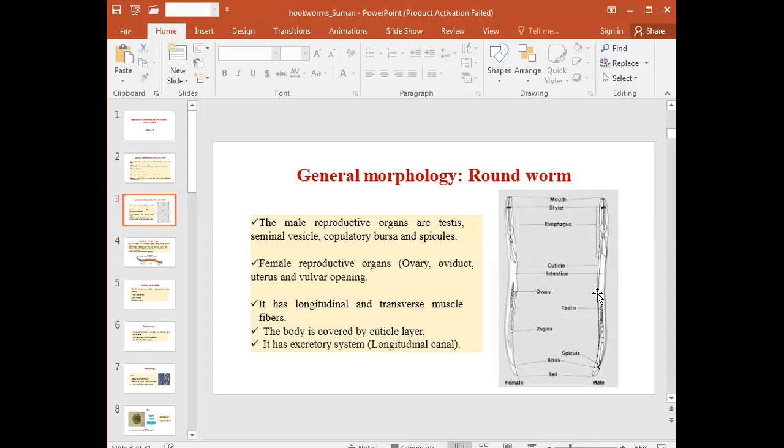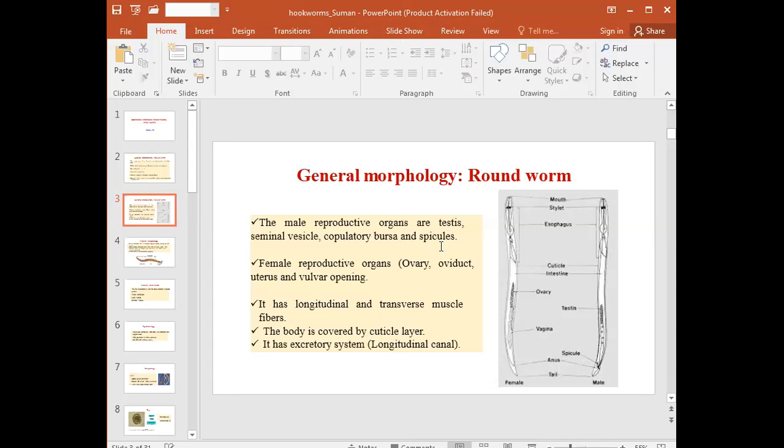And the spicules are also a part of the reproductive organs of the male adult roundworm. They are minute sub-pointed objects here. You can see minute sub-pointed objects, or structures that are typically present in large numbers in the male part of the adult roundworms.